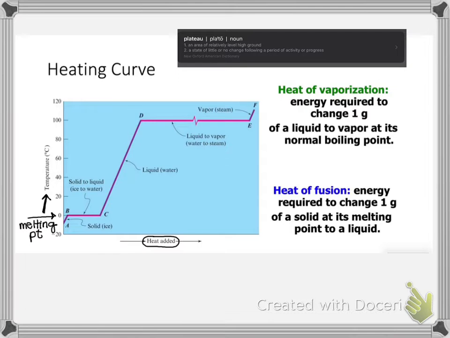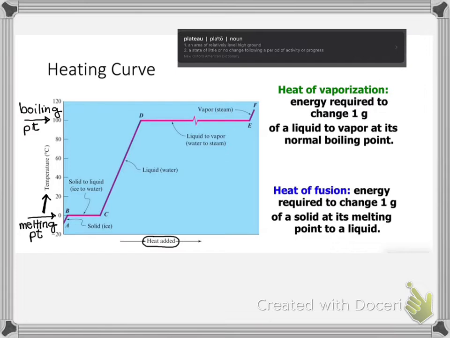And then the other important temperature is up here where the other plateau is, and that's at 100 degrees Celsius, and that is the boiling point of water. Or at least the normal boiling point, which if you watched the first video, you know that boiling point can vary with atmospheric pressure. So we're referring to the normal boiling point where the atmospheric pressure is 1 atmosphere.